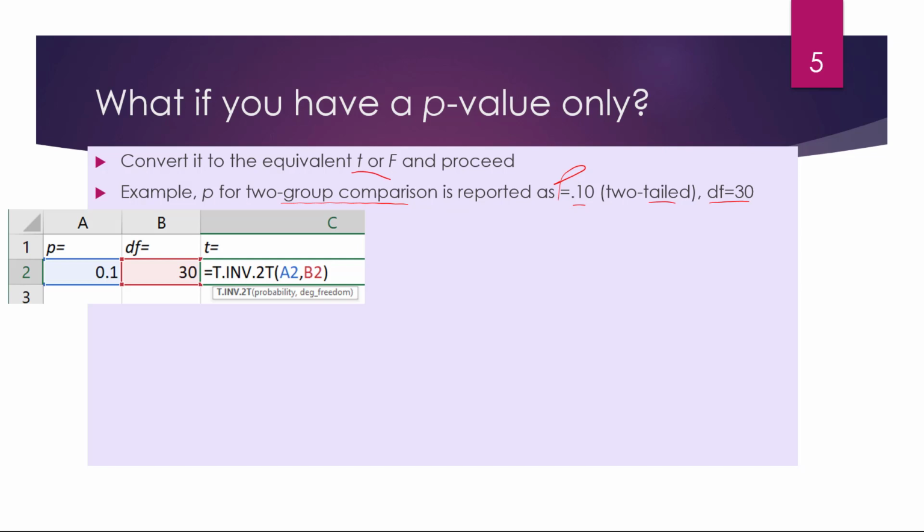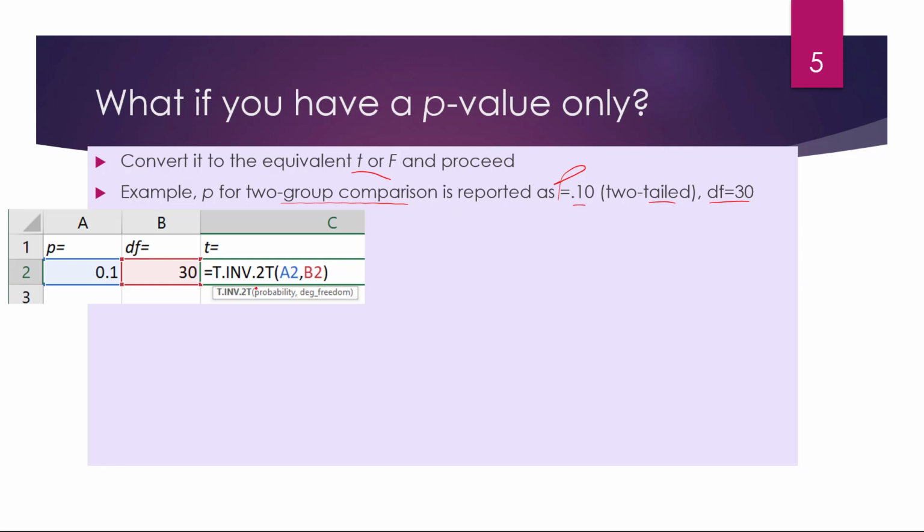In Excel, what I've got here in column A is the probability value, and in B, I've got the degrees of freedom. So I've just copied those in. And then here's the equation in C2. So in Excel, if you type equals, you get a whole array of commands that you can ask Excel to do for you.